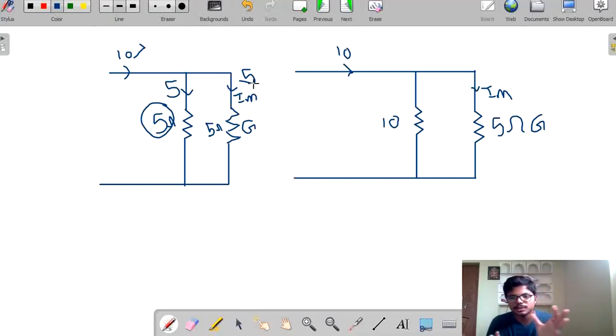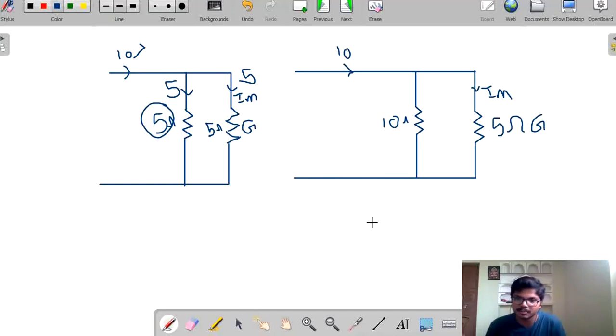Now I will do certain modifications and we will see what happens to my galvanometer current. Now instead of placing 5 ohms in the shunt, place a 10 ohms resistor in the shunt. Now according to the current division principle, what will happen? I think everybody knows the current division principle.